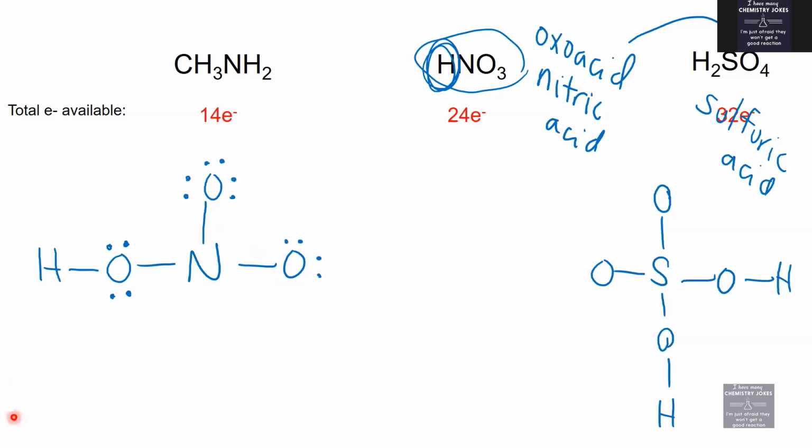So here I go, filling up all the octets of everybody. That makes me use 2, 4, 6, 8, 10, 12, 14, 16, 18, 20, 22, 24, 26. Uh-oh. That's more electrons than I really have to work with. I've used 26, but I only have 24 available to me.